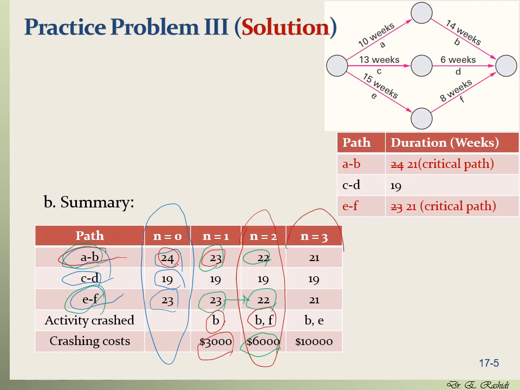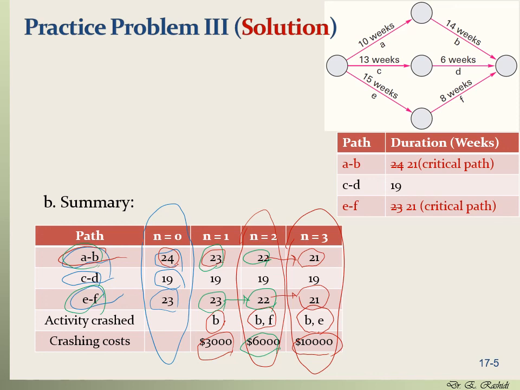On the third step, we picked B from path AB, and we picked E from path EF to crash, and it cost us $10,000. And the length of path AB reduced by 1 week and became 21, and the length of path EF reduced by 1 week and became 21.